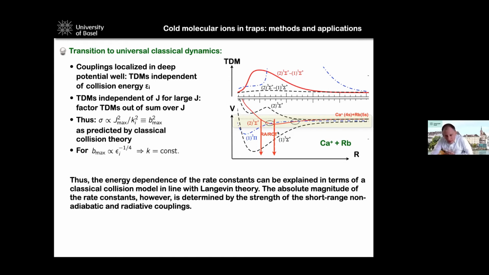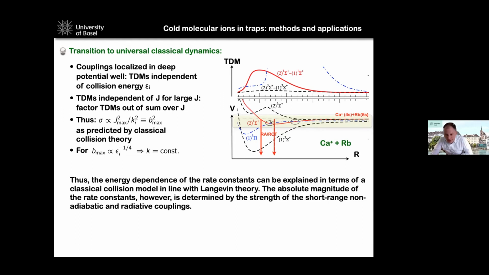Now, you realize that in the region where these transition dipole moments are large, we are already deep in the potential well associated with our entrance channel. This can't be seen here on this scale, but the well depth is on the order of 1,000 Kelvin.